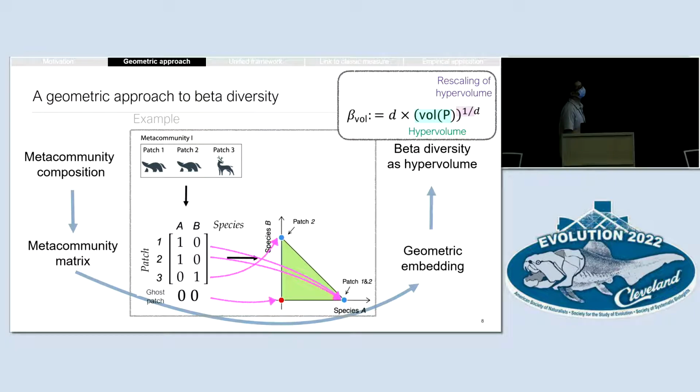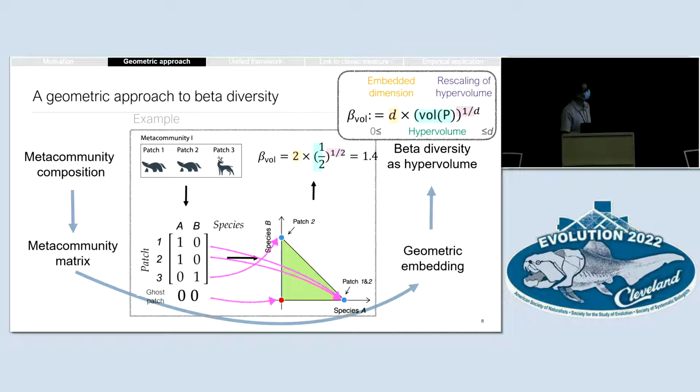The reason is that by rescaling the hypervolume, we can make biodiversity comparable across different communities. And the reason we multiply by D is because the hypervolume always ranges between 0 and 1. So after multiplying by the embedded dimension, it always ranges between 0 and D, which fulfills our design.